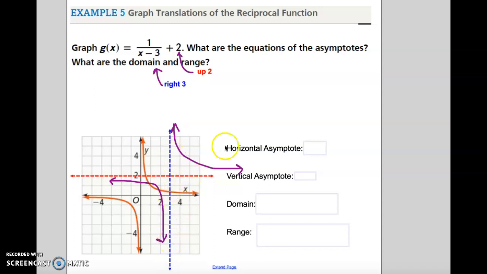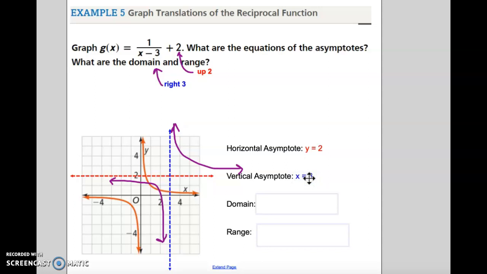So now I can talk about my horizontal asymptote. I look for my horizontal line. This red line, that's my horizontal asymptote when y equals 2. That's the answer. I have a vertical line when x equals 3.